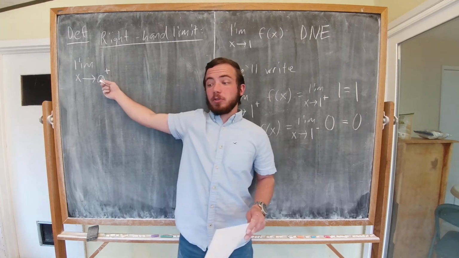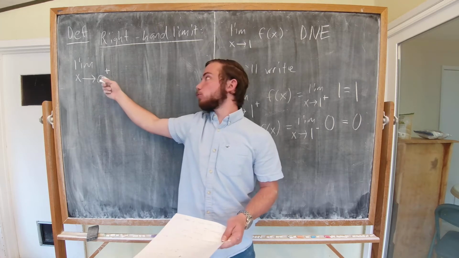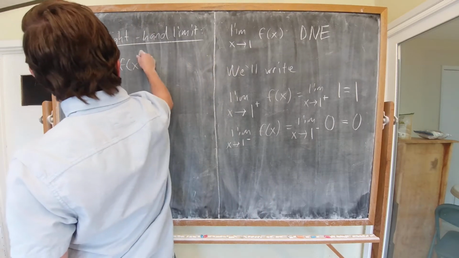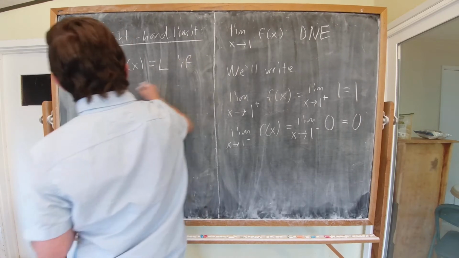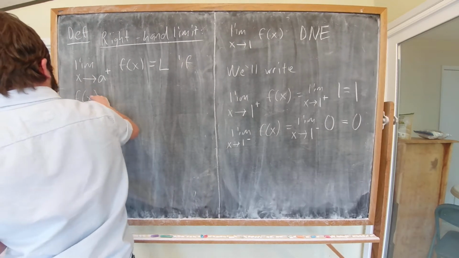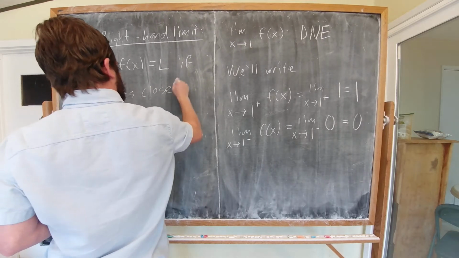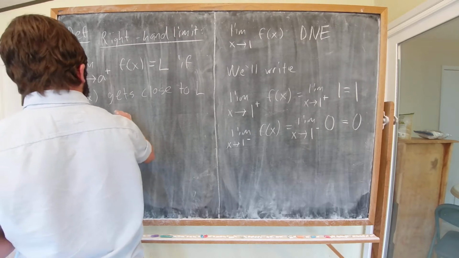This is the notation we'll use, and this means limit as x approaches a from the right side of f of x is equal to L if f of x gets close to L as x approaches a from the right.